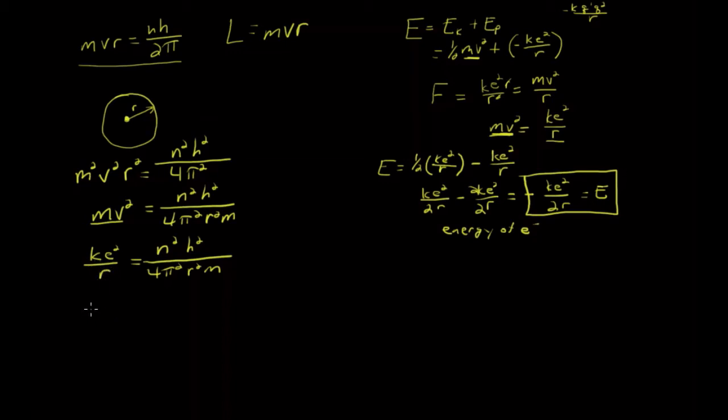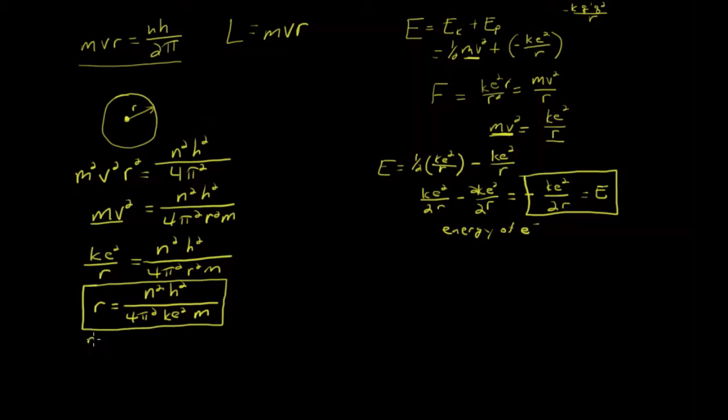When we solve this, we get r equals, and I would suggest you work through this to prove that what I'm telling you is correct. r equals n squared h squared over 4 pi squared ke squared m. I skipped basically one or two steps and just came down to what this is. But this is another key equation that is used.